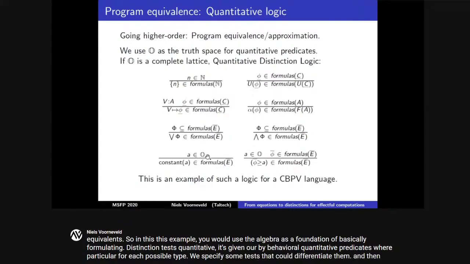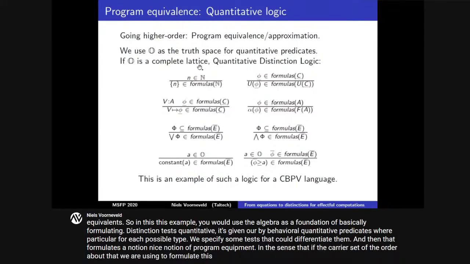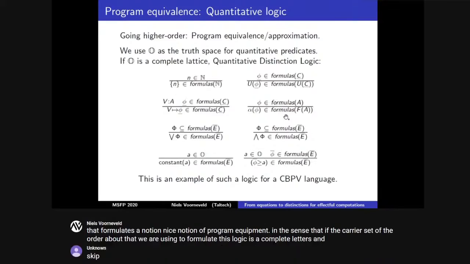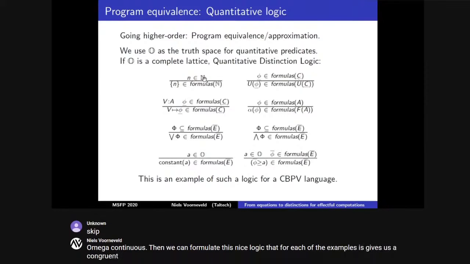That formulates a nice notion of program equivalence, in the sense that if the carrier set of the algebra that we use to formulate this logic is a complete lattice, and the algebra is omega continuous, then we can formulate this nice logic that for each of the examples gives us a congruent notion of program equivalence.